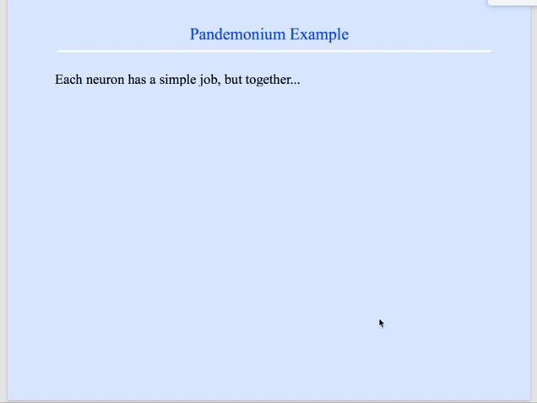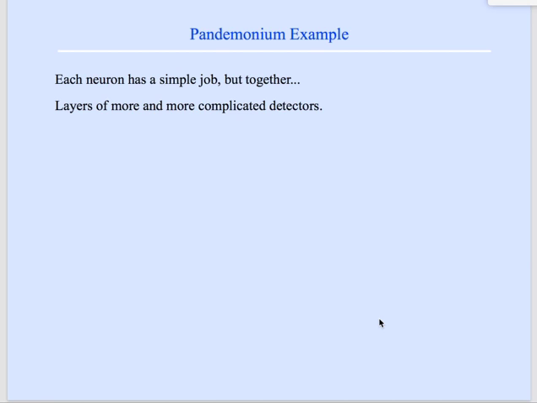So in this pandemonium example, each neuron has a simple job, but you put them together with layers of more and more complicated detectors, and you basically go from being able to identify just lines or semicircles to the point where you can actually identify letters.